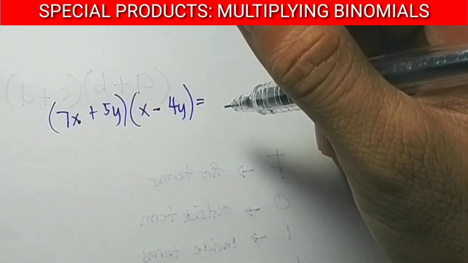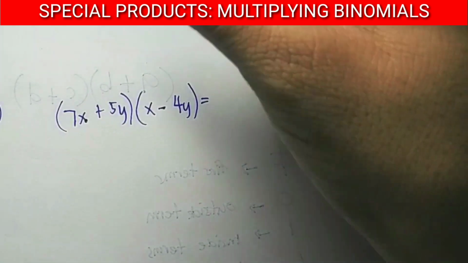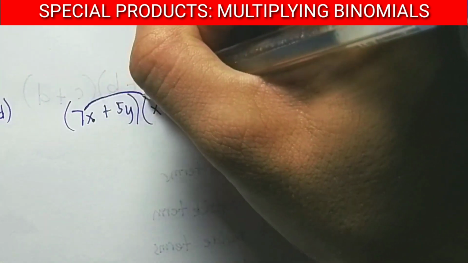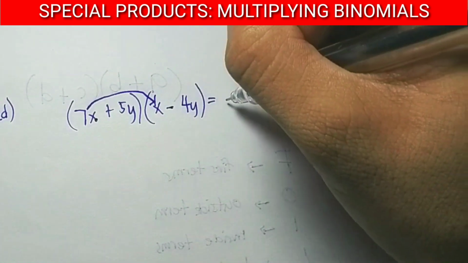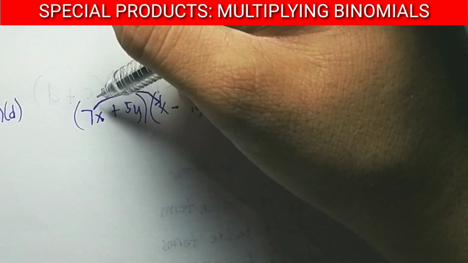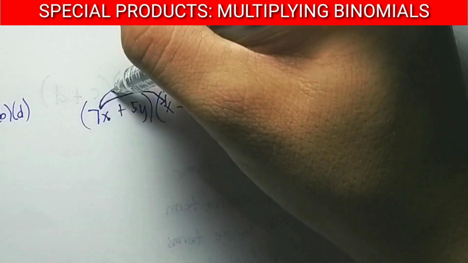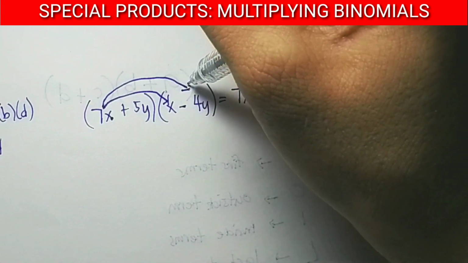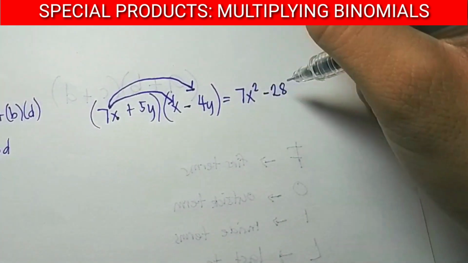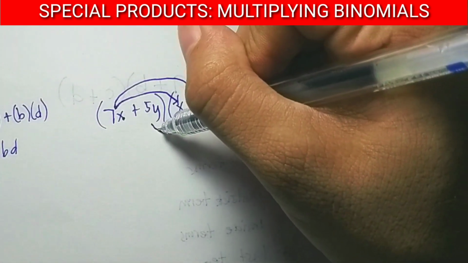So, we will start at the first terms of our binomials. Ato silang i-multiply ang first term. So, we have 7x times x. That is 7x squared. Next is the outside terms. So, si 7x ug si negative 4y. So, that is negative 28xy.